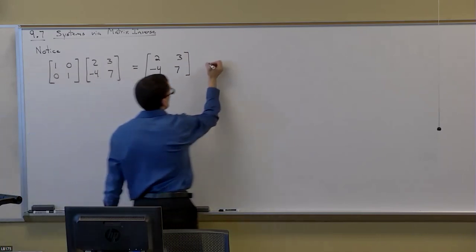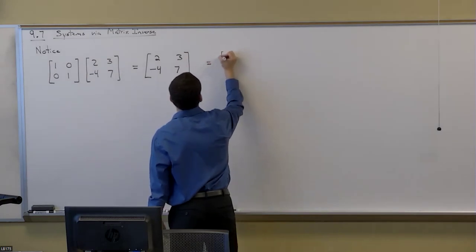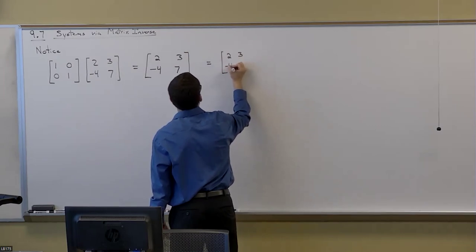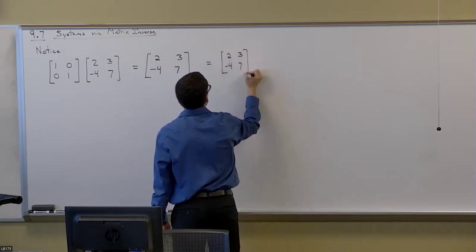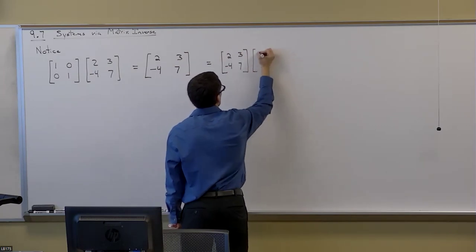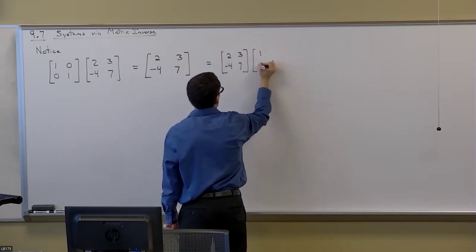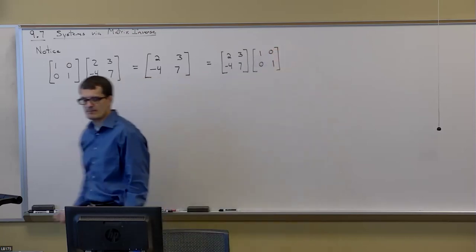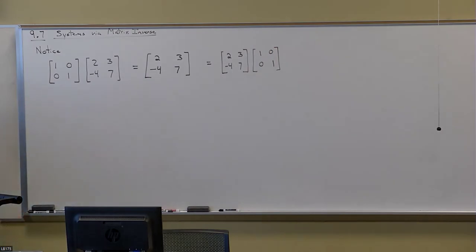By the way, I'm not going to go through all the multiplication, but if you had put that special matrix, where we have 1's on the diagonal and 0's elsewhere, on the right-hand side of 2, 3, -4, 7, you can do the same thing, and you'll get the same answer.